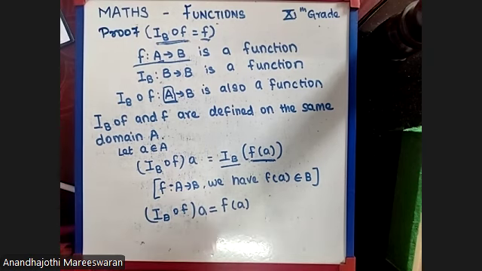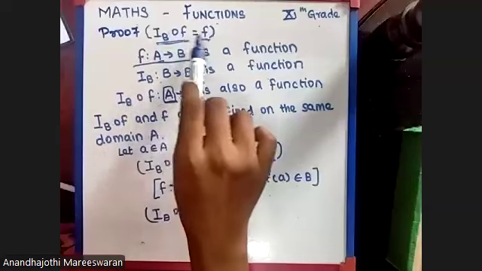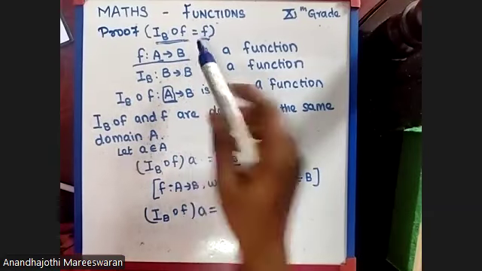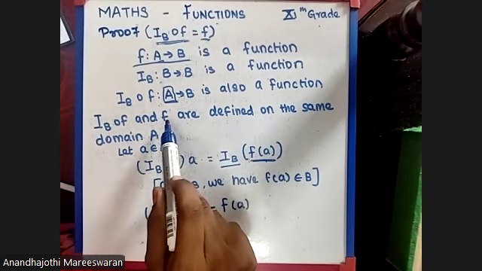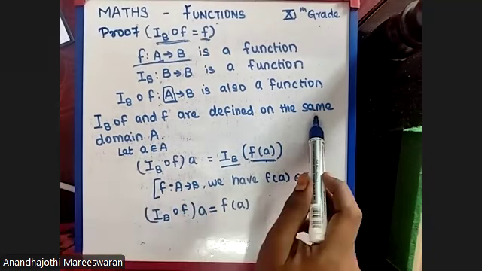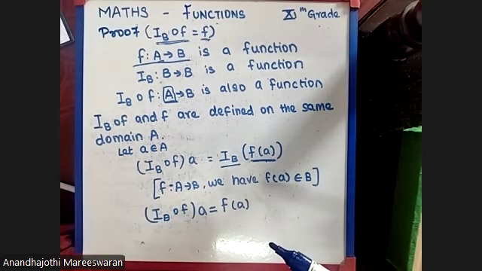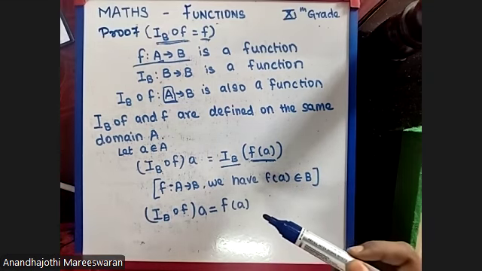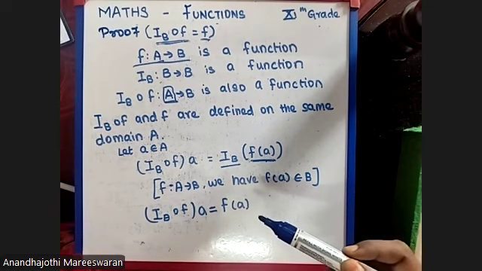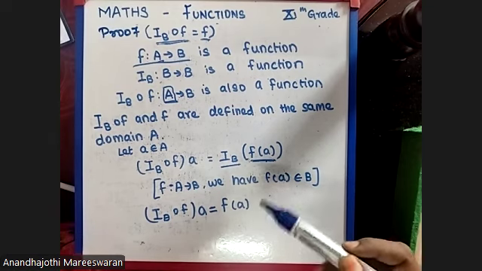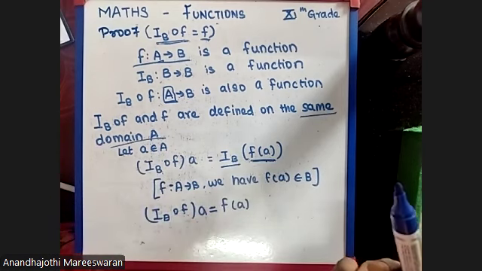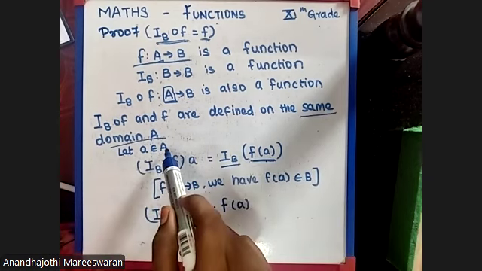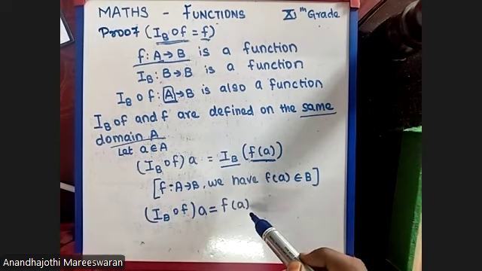To prove both functions are equal, we have to do two things. First, both their domains should be the same, and then we have to check by putting a random element and verify the outputs. We did both of these, right? We checked that both lie on the same domain, and we put a random element from set A and found the output.